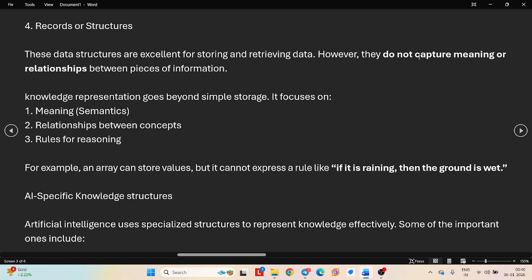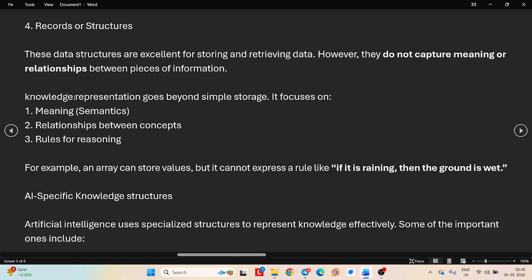However, they do not capture meaning or relations between pieces of information. It is very important to know that data structures do not capture meaning or relations. It completely depends on the information we give, and if that information is wrong, then it won't find any facts.